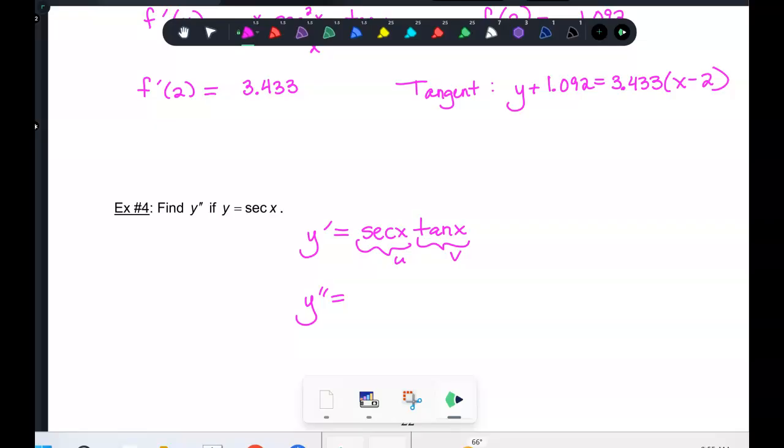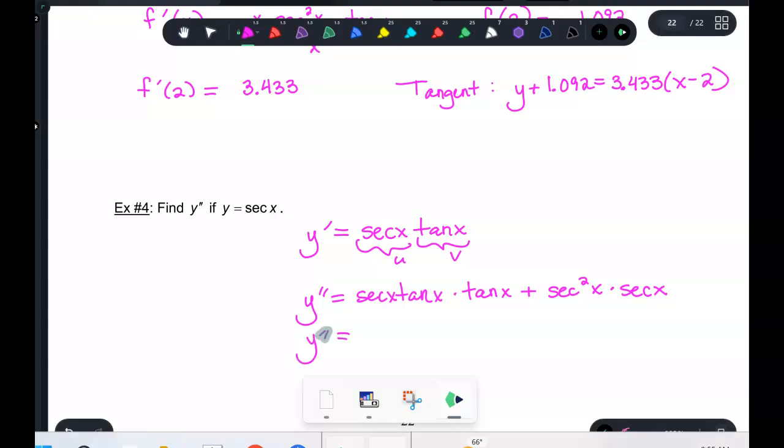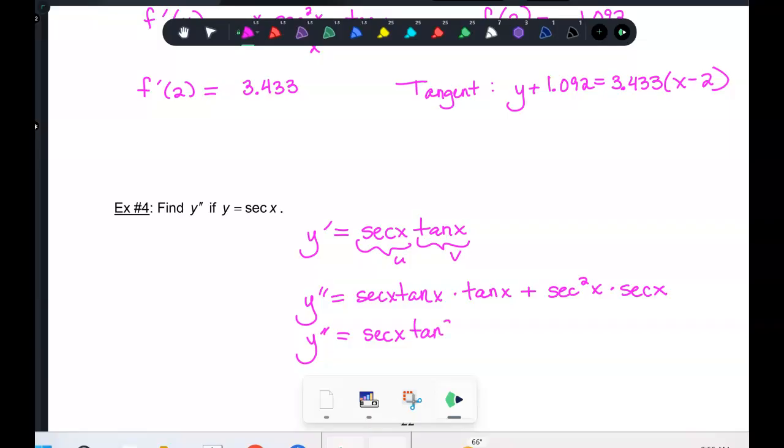So derivative of secant tangent times, now we're going to keep v, so that's tangent, plus, now we do the derivative of tangent, which is secant squared, times, keep secant x. Okay, so what do we have? Secant x tangent squared plus secant cubed.